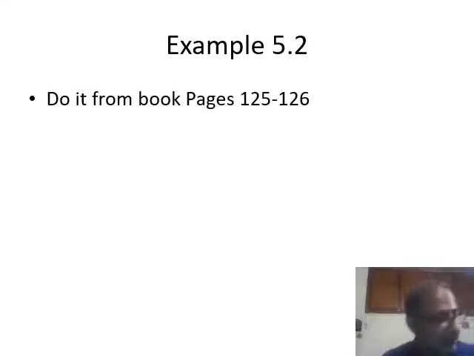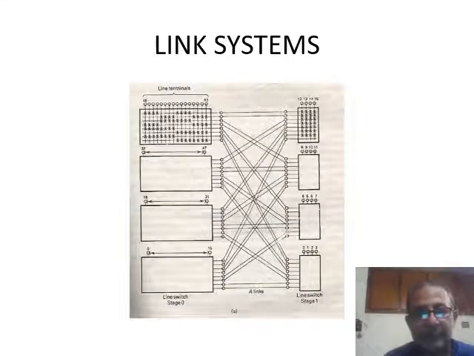Secondly, as we move forward, let's see, we'll go up to the link systems. We can refer back to chapter number 3 of this book, and I would recommend you to go to figures 3.15 and 3.16.